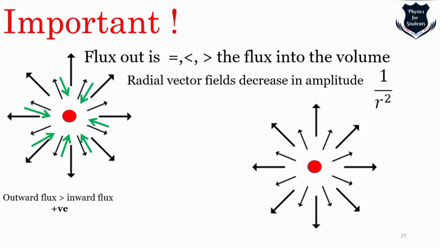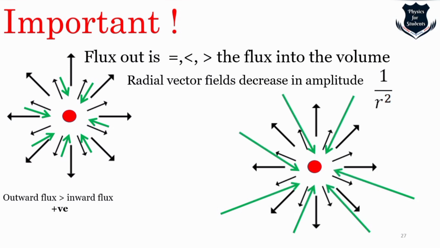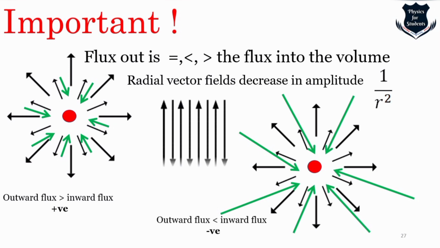If the outward flow exceeds the inward flux, the divergence is positive. But here you will see that the outward flux, those black points which are pointing outwards, are less than the inward flux, so the divergence is negative. And if the outward and inward fluxes cancel each other out, then it is obviously zero divergence.